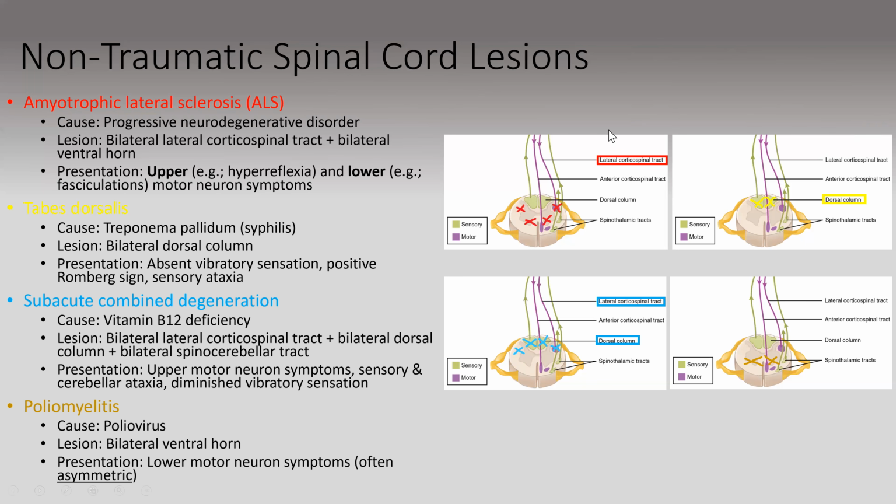And then the last one we have here is poliomyelitis, which is caused by poliovirus. This exclusively targets the lower motor neurons, which is the ventral horn in the spinal cord. While it is bilateral, a hint oftentimes is that it's asymmetric.